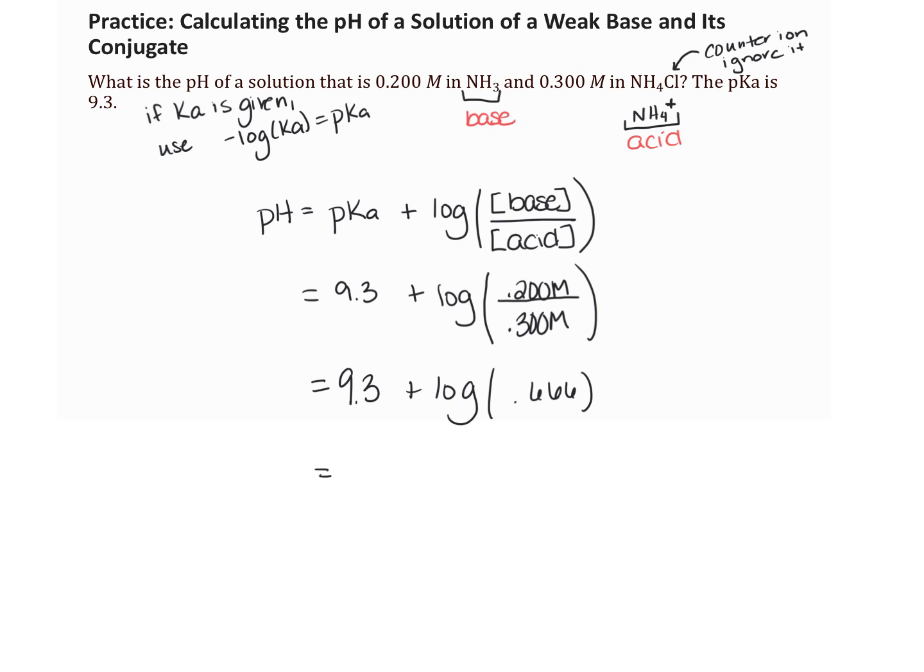So in case you're doing this step by step, the log of 0.666 is negative 0.176. Do follow along with your calculator and check that. And then when we do that math, we get 9.12. And that's the pH of a weak acid-base pair. Now, one of the reasons this is important is because weak acid-base pairs can act as buffers.